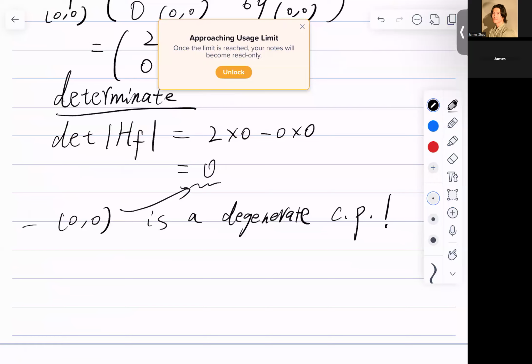And of course, degenerate critical points are very useful, and there's a whole study on them. But we're also going to show that we are not going to care about them as much in the study of Morse theory, just because they don't give us things that we can say for certain.